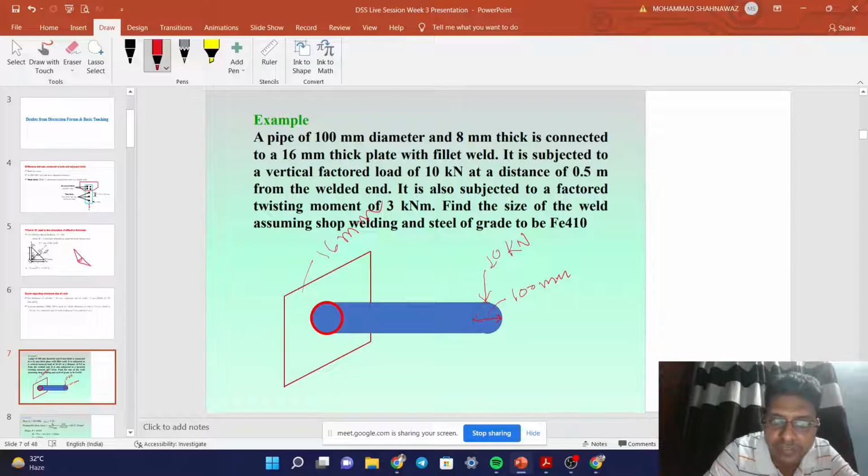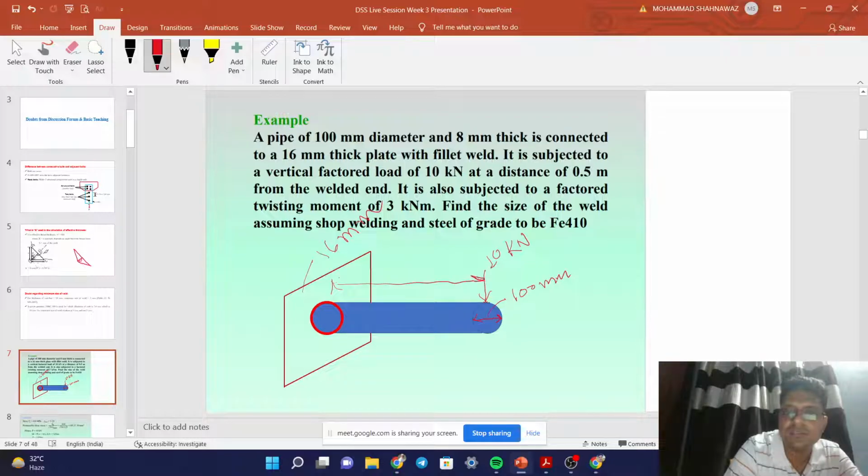Actually half of the welding you will not be able to see, but for my convenience I have drawn it throughout so that I will be able to make you understand easily. So here the distance between these two is 0.5 meter.